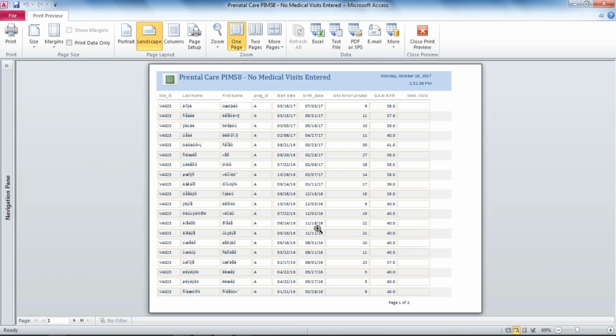So if you have people who are missing those data from this report going back further, and you can track those people down and either enter the override or enter the medical visit information, you'll be helping yourself on the overall outcome report. So we wanted to present you with that information as well.